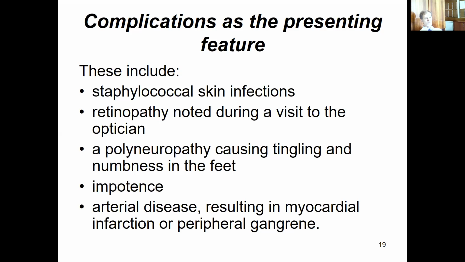But mostly, we have damage of 3 organs. This is brain, this is heart, and this is kidneys. Brain, heart, kidneys, these are typical targets for diabetes. And also big arteries, which may cause, for example, development of peripheral gangrene.